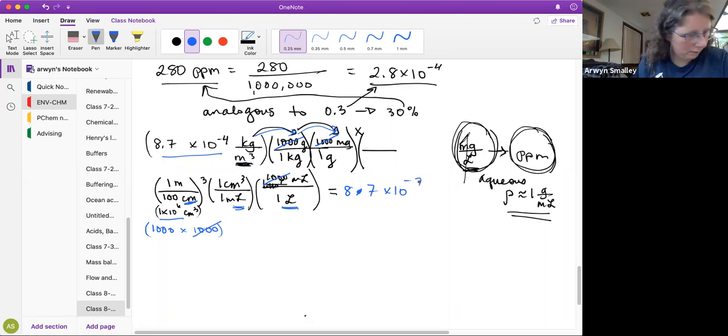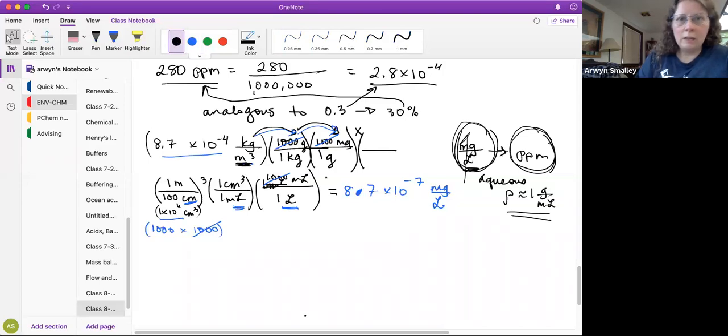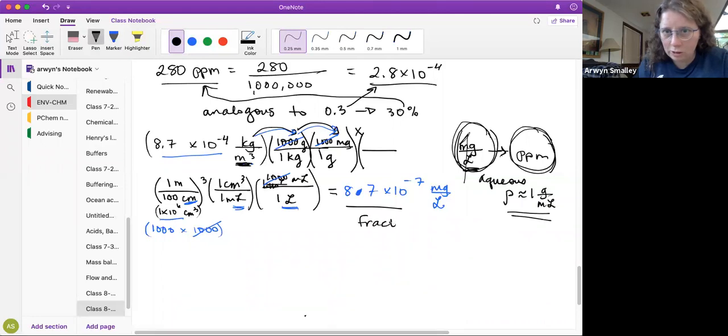So that was -7, which is milligrams per liter. And so this is my fraction version. And when I go from milligrams per liter to parts per million, I have to remember that we're going to multiply by 10 to the sixth.